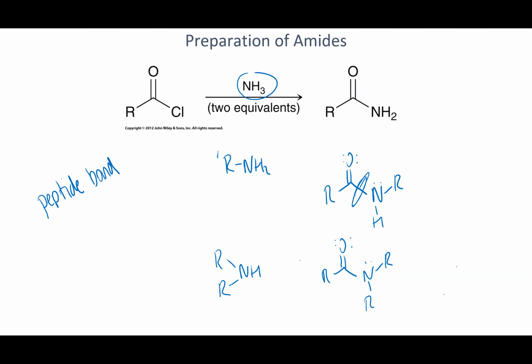That carbon-nitrogen single bond has quite significant partial double bond character, and so the rotation around there is somewhat restricted. Sorry, I had a hydrogen here. But it gives that backbone of a protein some additional rigidity.